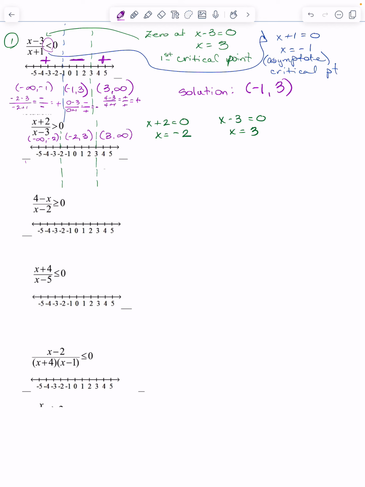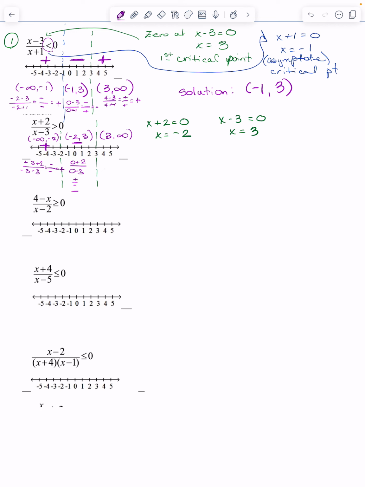So let's try −3 over here. I got (−3 + 2)/(−3 − 3), which gives me a negative divided by a negative, which is a positive. I am running out of room. So positive over here. I got (0 + 2)/(0 − 3), positive over negative.